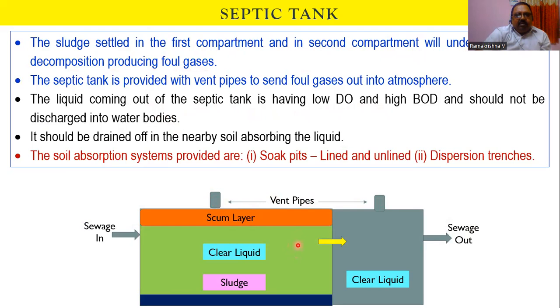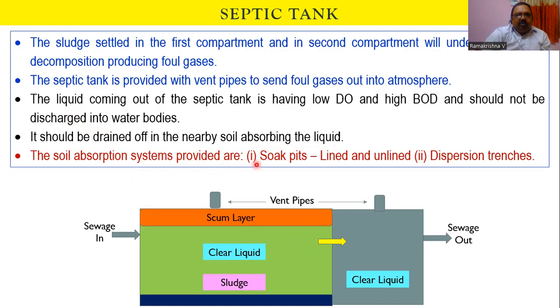So the water coming out has low DO and high BOD. So it should not be discharged into water bodies because it will quickly consume the dissolved oxygen in the water body, making it very unhygienic in the stream. That's why we should not do that. It should be drained off into the nearby soil, which absorbs the liquid.